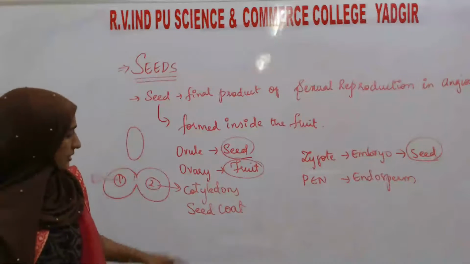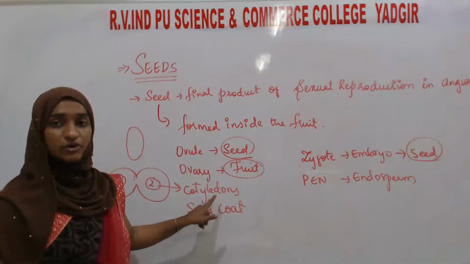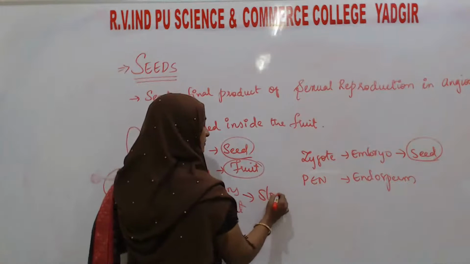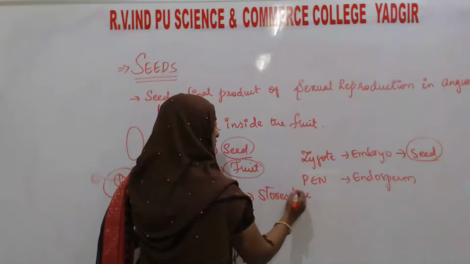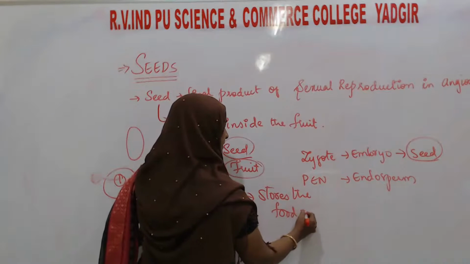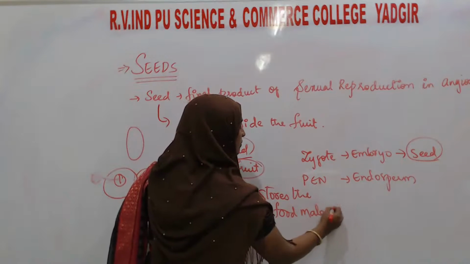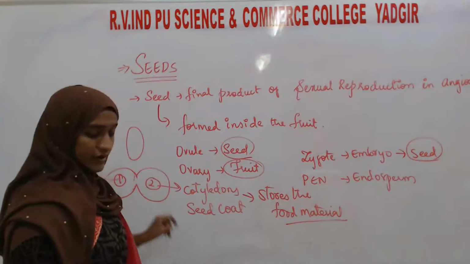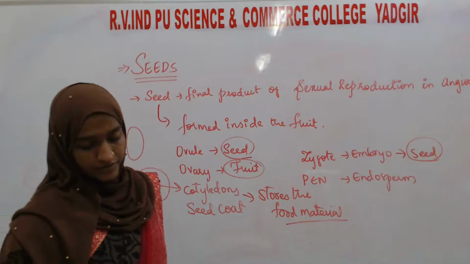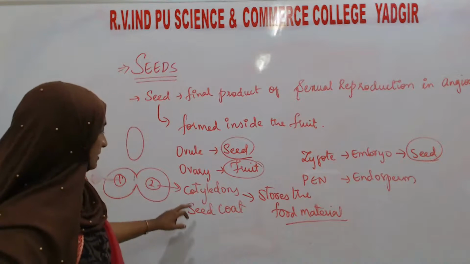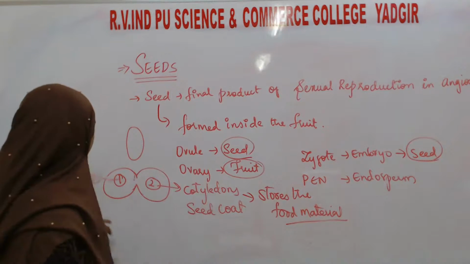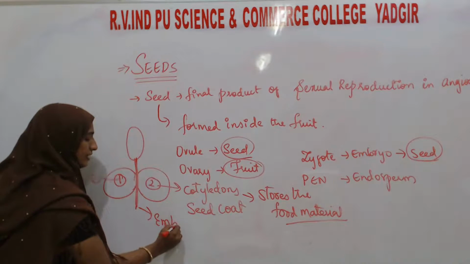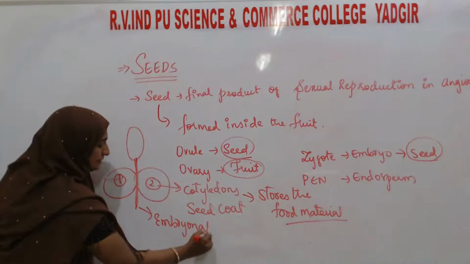What is the role of these cotyledons? These cotyledons store the food material. The food source in the seed is present in these cotyledons. The seed consists of a seed coat, cotyledons, and an axis. This is the embryonal axis.